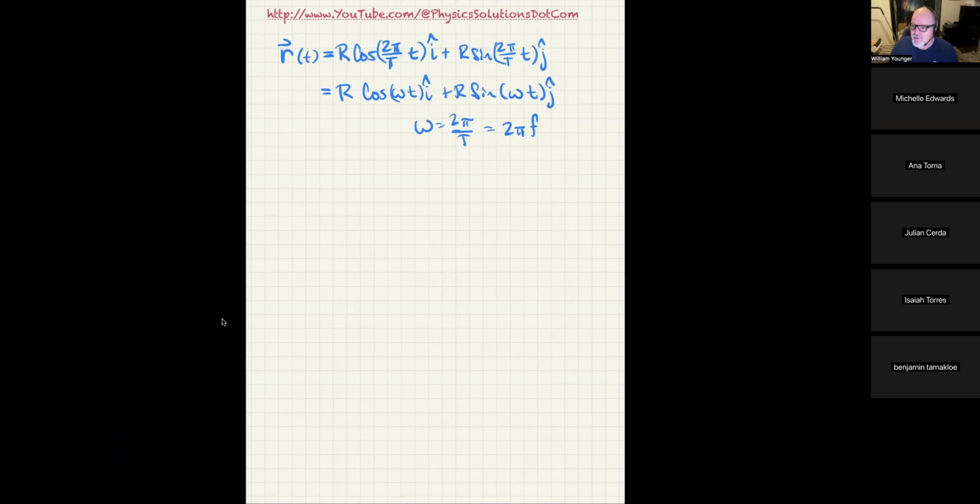I don't like x because is x more important than y or z? So I like to use just plain r for the position vector. But when you do that, that means the velocity vector, v of t, is dr over dt. And the acceleration vector, a of t, is dv over dt.